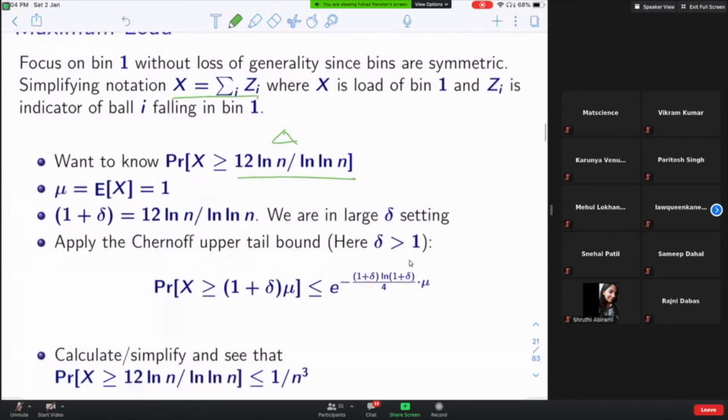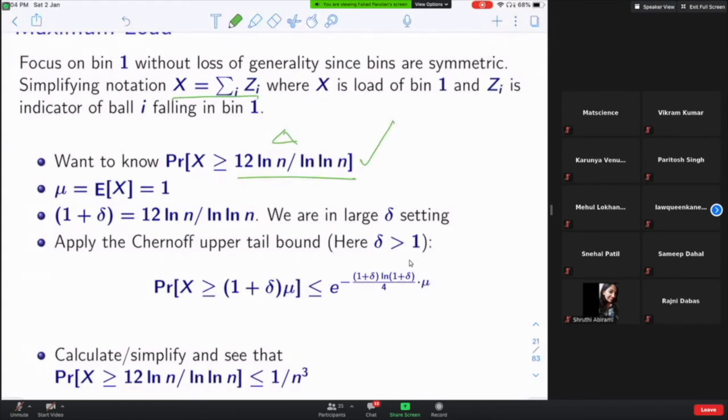Okay, so summation of zi, i going from 1 to n, is equal to the load in the first bin. Now what we want to upper bound is this one. We have already proved the expected value of x. It is equal to how much? n by n, right? The expected value of zi is 1 by n; earlier there was zij, so we just threw away that j because we focused on the first bin and removed that one index, that's all.